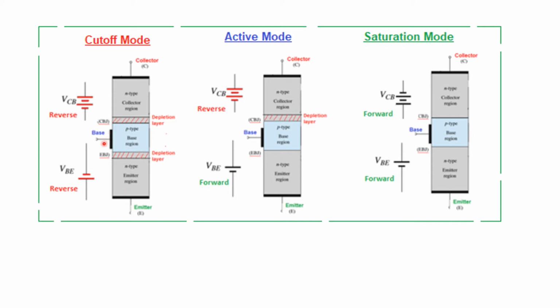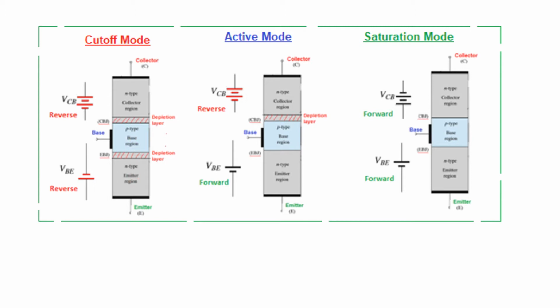This means this is reverse bias. So when VBE is reverse biased, no electron can flow through the circuit, and therefore this is for sure in cutoff mode. So this we have to keep in mind.